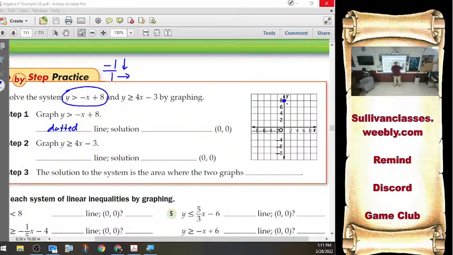Down 1, right 1, down 1, right 1, and I have to be careful about that scale again. I got a bunch of dots in the middle of my boxes this time. Be careful with your scale.